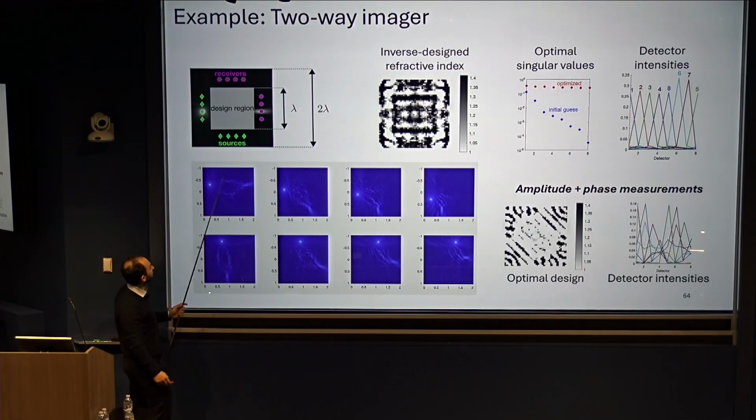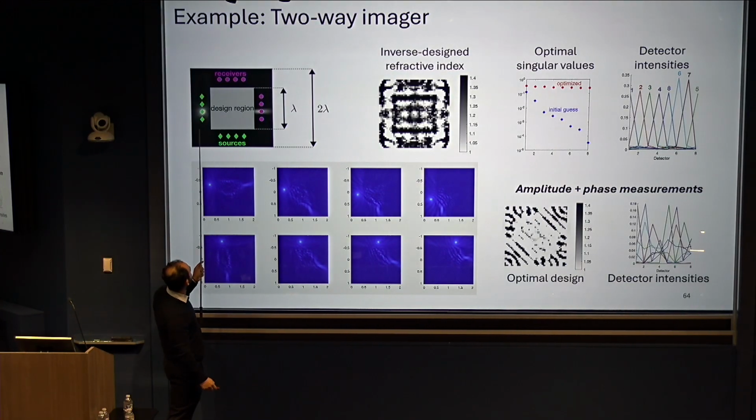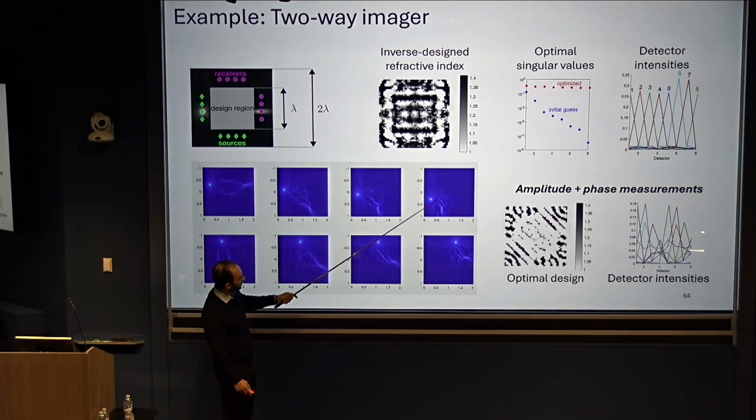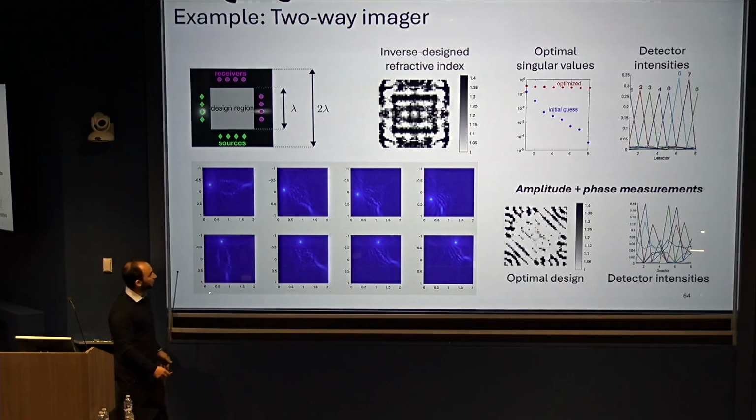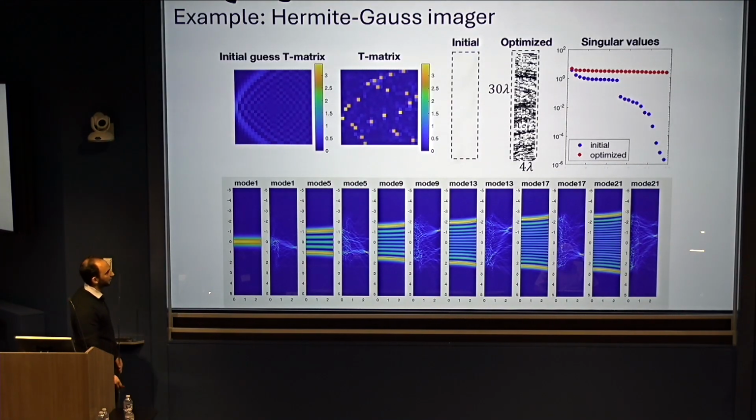We ran a variety of simulations of meta-imagers that might take sources to receivers. We found exactly this permutation matrix behavior, that what the optimal designs did is they took sources and they produced focused light like funnels at different receiver points, whereas when we allowed amplitude and phase measurements, there was much more measurement diversity, so it's the intensity that really mattered here.